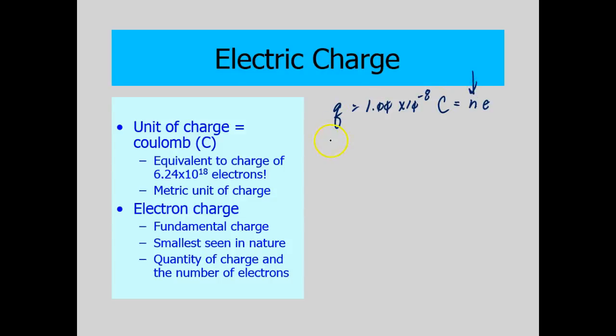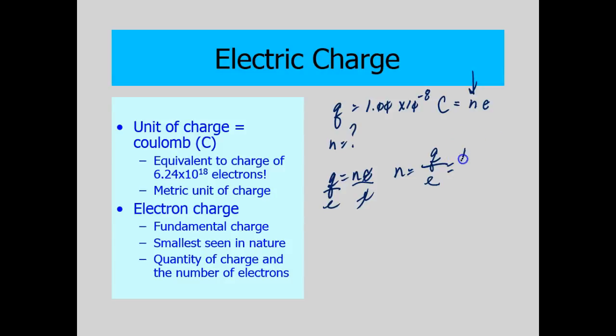N is going to answer the question. N is what we're looking for here. So how do you get from Q equals NE? Isolate the N. How do you do that? Divide both sides by E. Right. And you wipe out the E's here, and you get N is equal to Q over E, where E is the single electron charge.